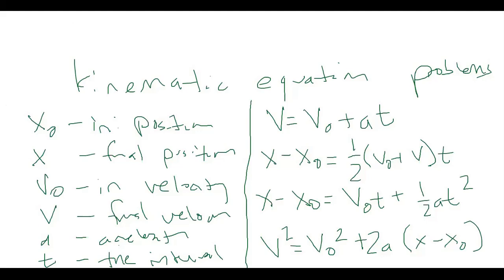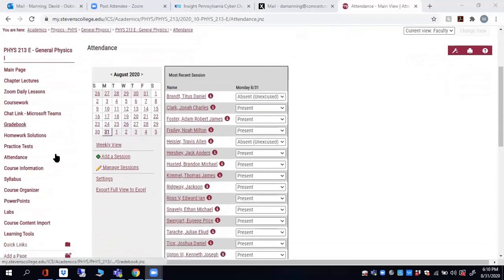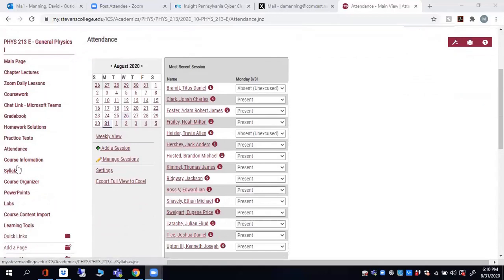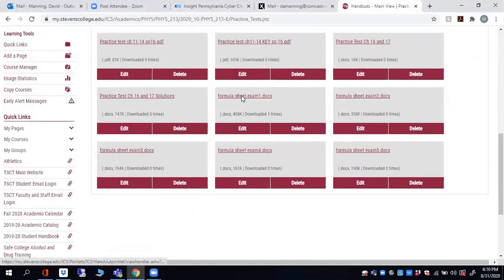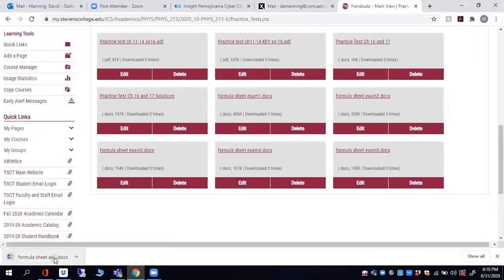Oops, I just stopped my video. For the whole unit in the portal, over here under practice tests, there's a formula sheet for exam 1. And this is really handy.